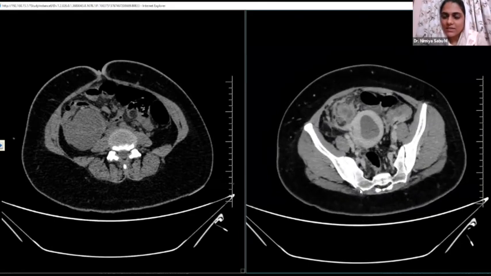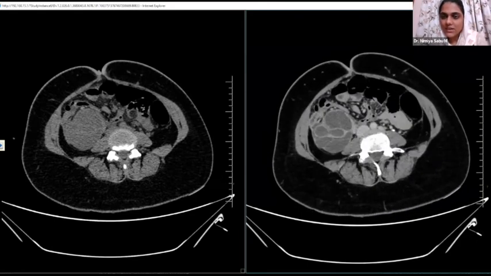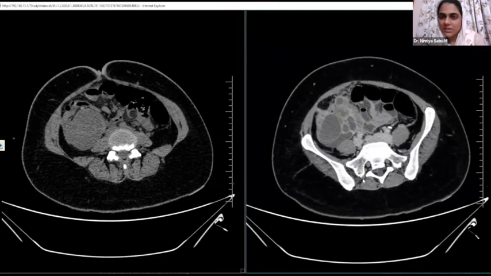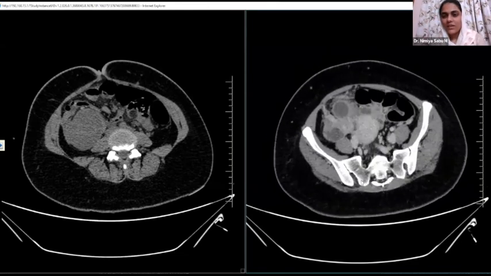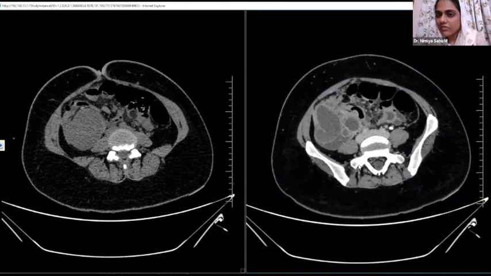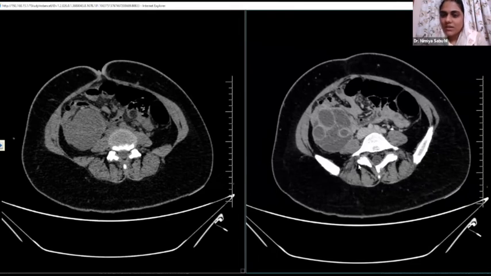Bilateral adnexal lesion, bilateral ovaries appear to be bulky with significant surrounding fat stranding, and in view of the acute presentation and significant inflammatory changes surrounding this, and there appear to be multiple enlarged engorged vessels in the region also.